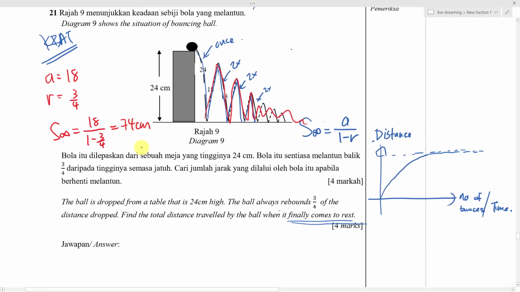This is the bounce back, and then it will drop down, isn't it? So the total distance traveled equals 2 multiplied by 72 plus 24. So I get 144 plus 24, which is 168 cm. This should be the total distance he traveled.